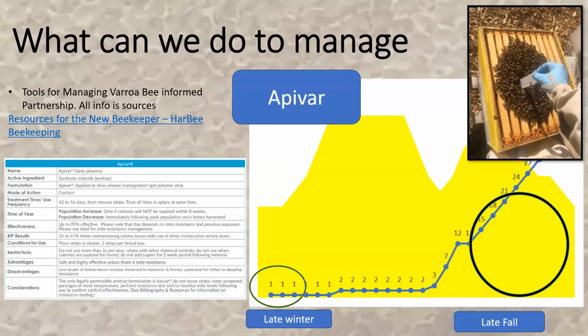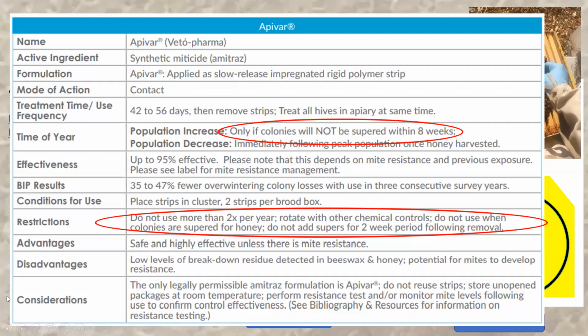it's extremely effective. So I think I have it zoomed in here. Effectiveness is up to 95%. Formic Pro is 60 to 80%.